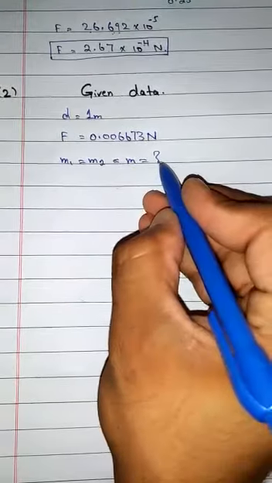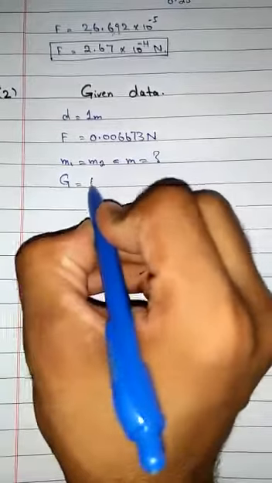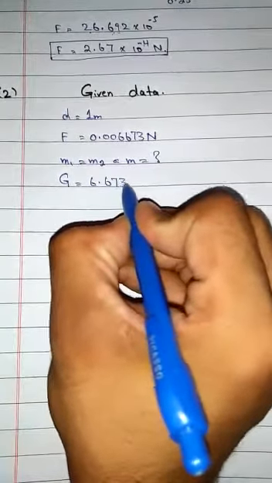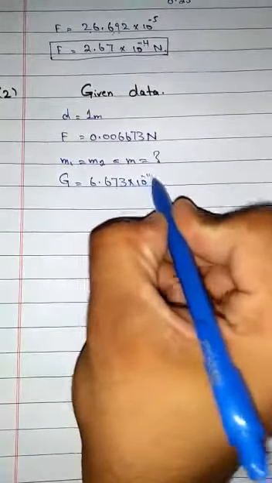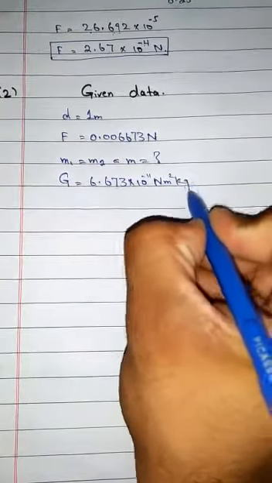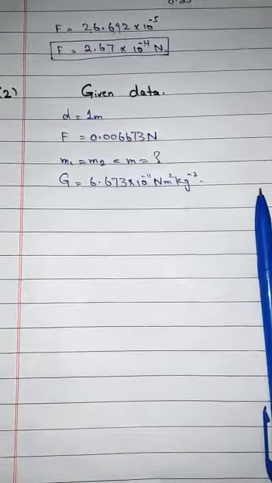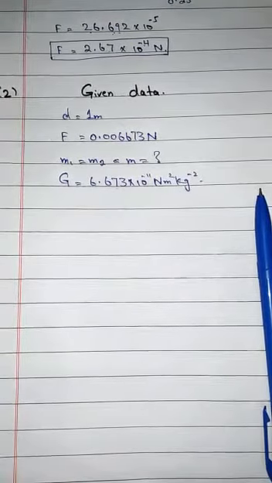That is what we have to find. Now we know the value of G is 6.673 multiplied by 10 to the power minus 11 N m² kg⁻². Now we will use the formula and solve this problem.